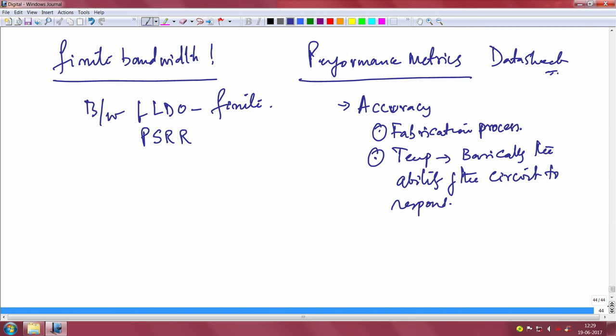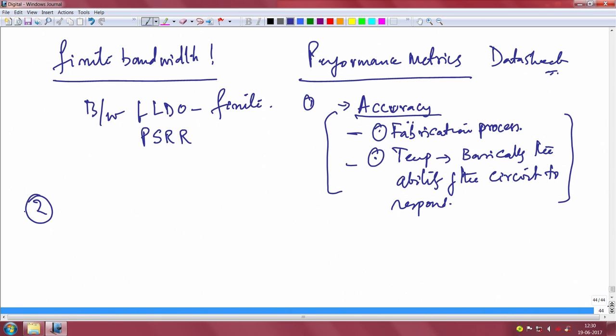These are the two important parameters which you have to keep in mind. So, you will have to look out for a parameter which will highlight the accuracy of the LDO.